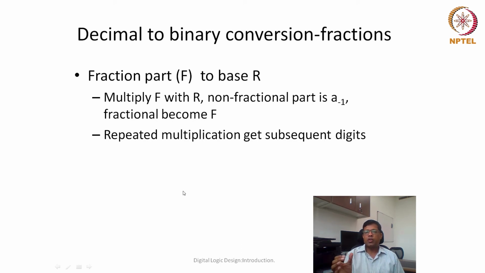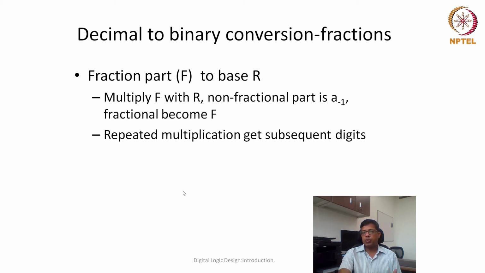For the fraction, we'll keep on multiplying the number with the base r, and whatever non-fractional part we generate will become a minus 1, and subsequent digits we keep on getting by repeated multiplication, and whatever is the non-fractional part will be the next subsequent digit. Again, let's see it with an example, to make things clear.